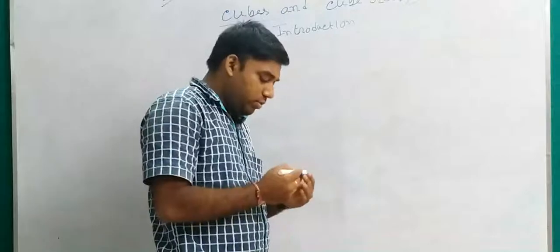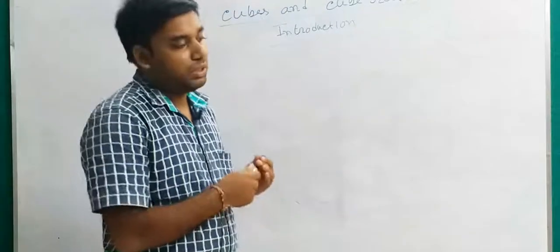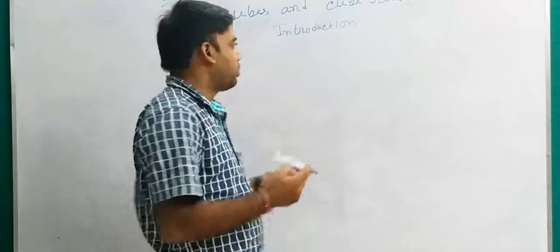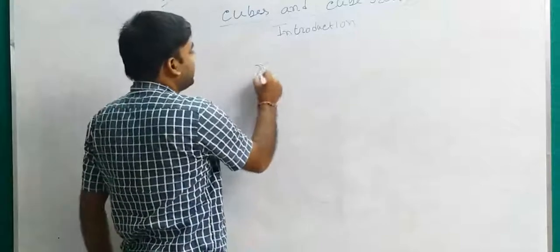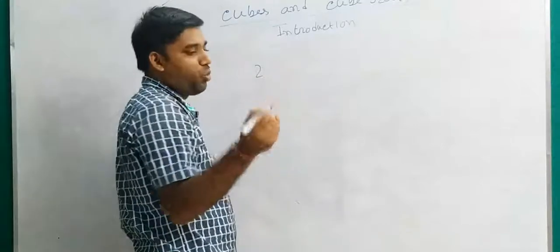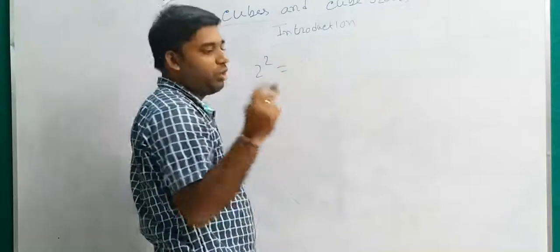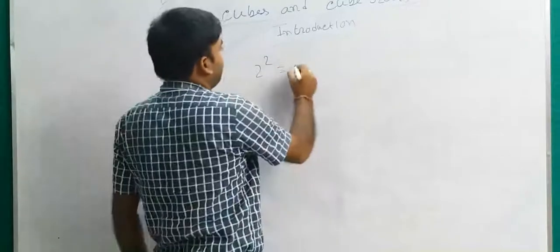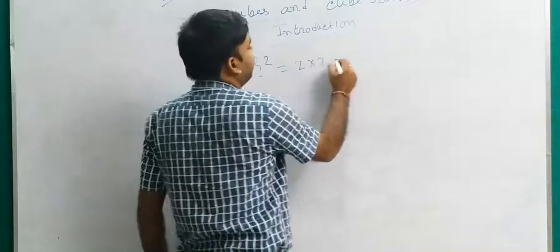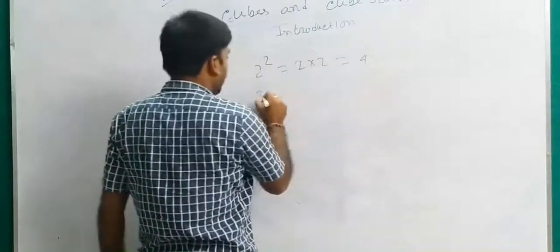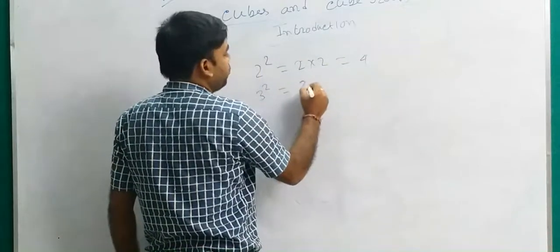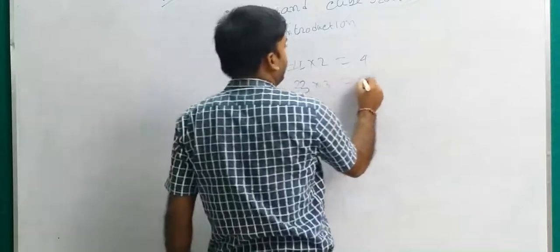In the previous chapter it was square and square roots. Square of 2 means the product of two 2's, that is 2 into 2, 4. 3 square means product of two 3's, that is 9.